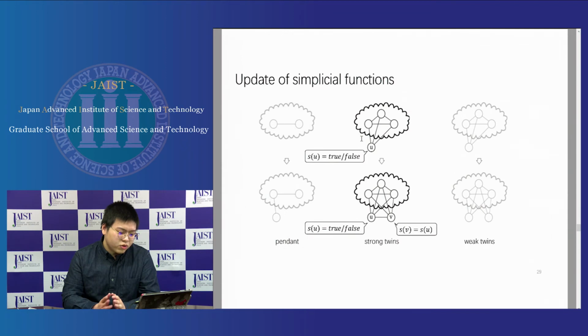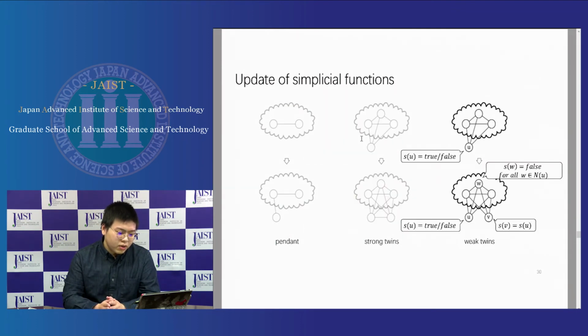Second, for the strong twins, if we create the strong twin of a vertex, whether it is true or false, it doesn't change, and the new strong twin should be equal. Here we have the example: S should have the same value as U, since both of them share the same closed neighbors.